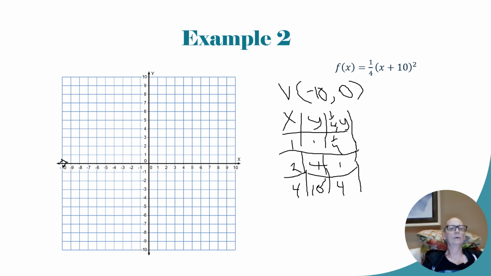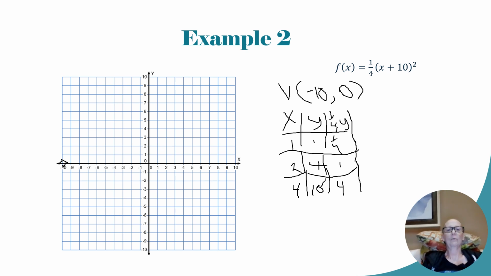So 1, 1/4 is the first one away. That's not 1/4, but let's see if I can actually erase today. Can I get this one then? No, I can't get that one. Sorry.